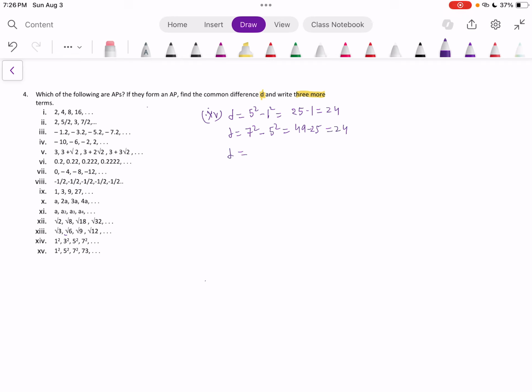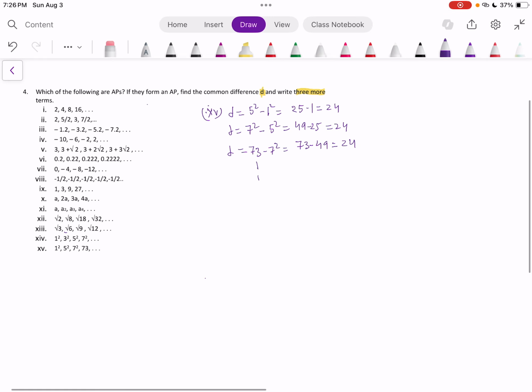Then 73 minus 7 square: 73 minus 49 is going to be 24. So yes, it's an AP. The common difference here is 24.